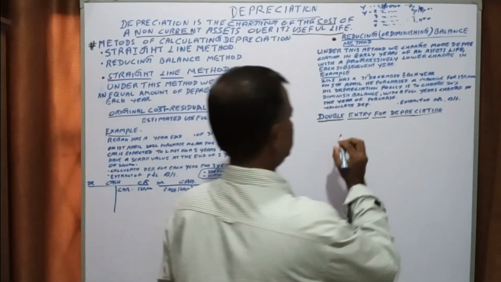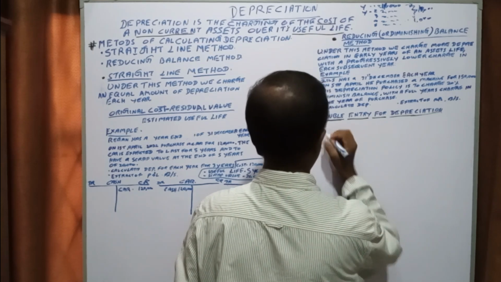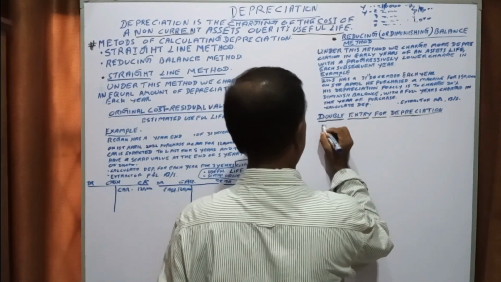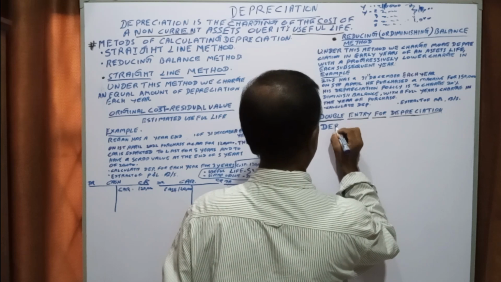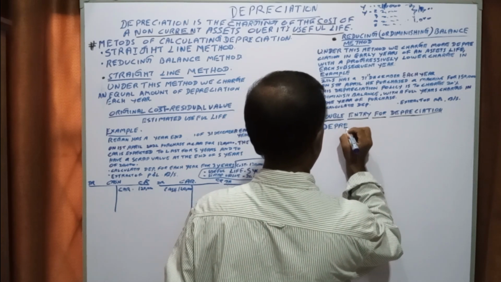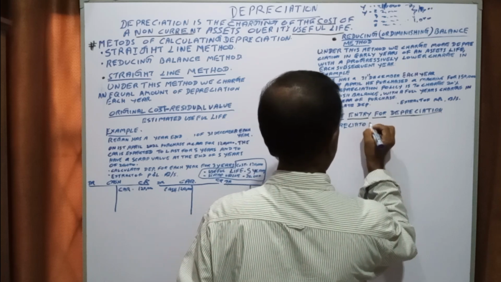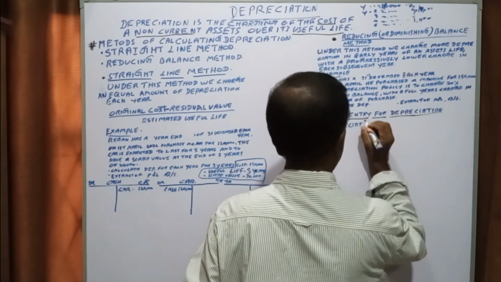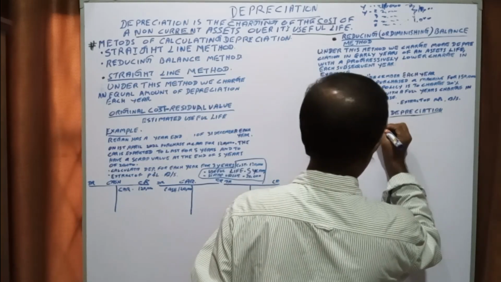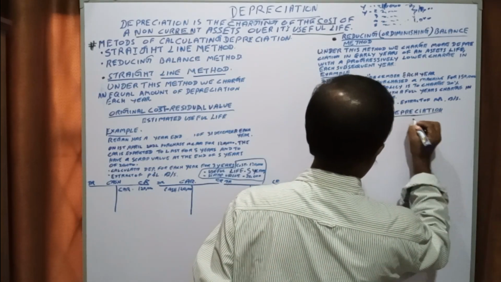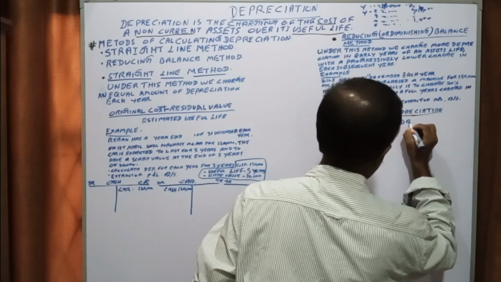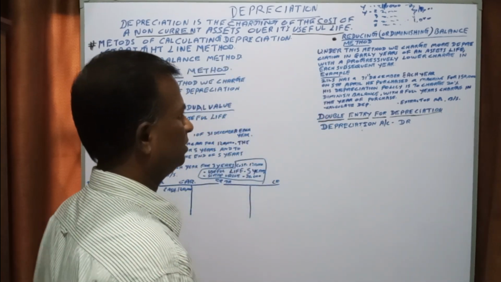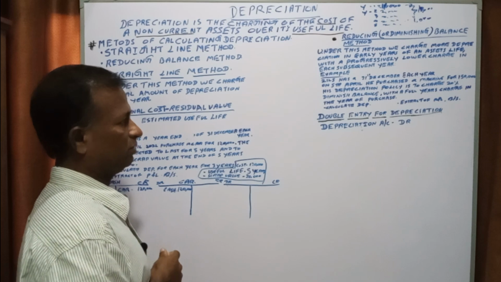So the depreciation account is debited. Okay, and to which account are we going to credit? Which account are we going to credit?